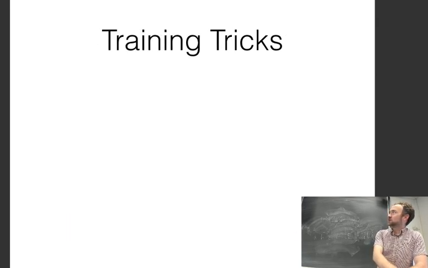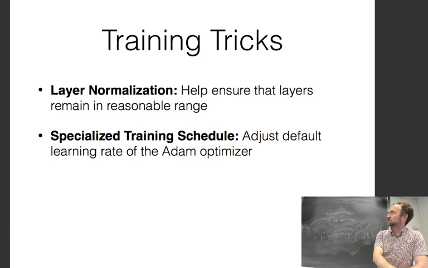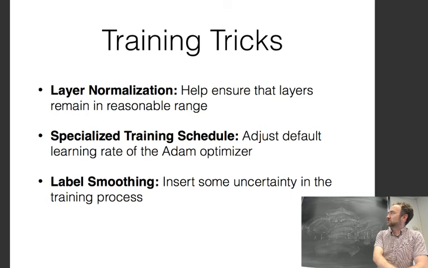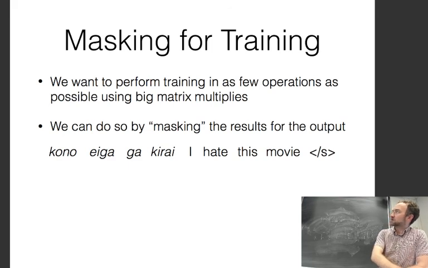They also have a bunch of training tricks. They use something called layer normalization, which helps ensure that the output remains in a reasonable range. They have a specialized training schedule. They use something called label smoothing, which inserts some uncertainty in the training process. They also have a masking regimen, which allows them to do efficient training, where they basically train using the whole sentence at once. Instead of having a recurrent neural network and then doing attention over only the source, they calculate the source and target all the same.